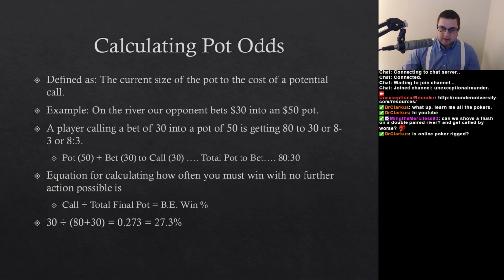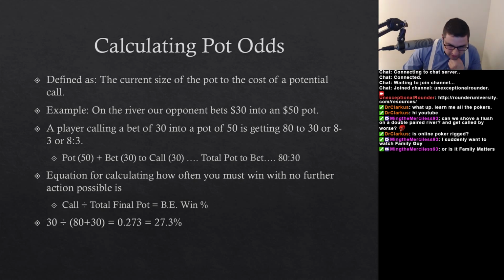That's 30 divided by 80 plus 30, which is 27.3%, meaning we must win when calling 27.3% of the time or more to make calling correct.